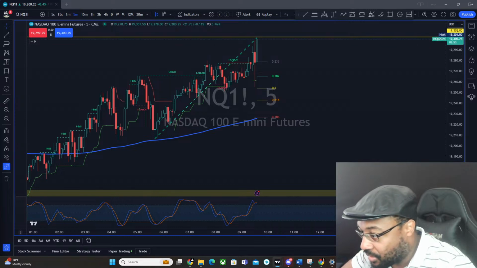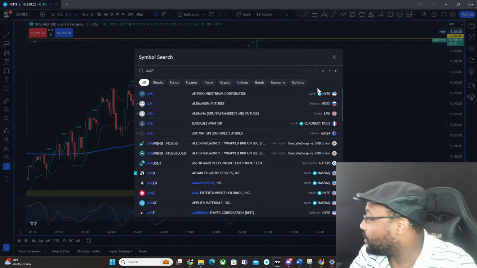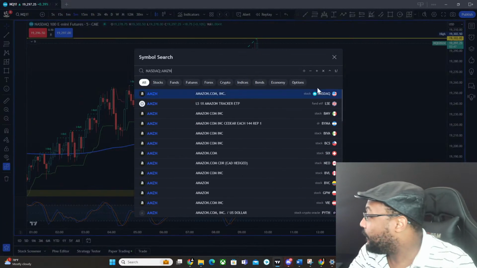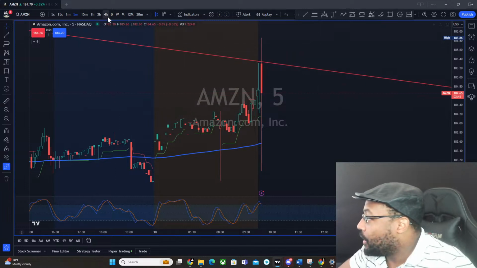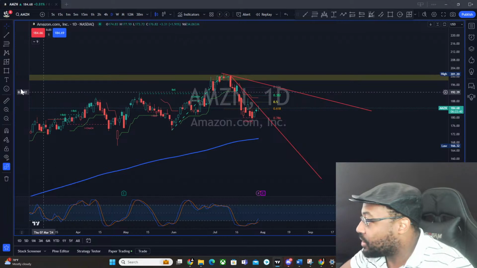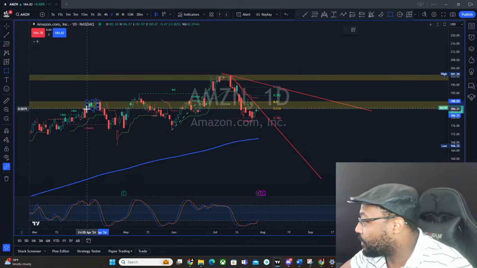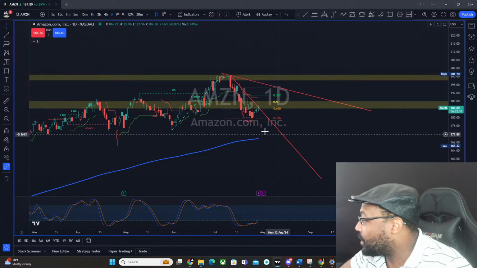Amazon is trying to get through its order block. Had a nice order block. Let me go over to Amazon right here, over to the daily. You got yourself a nice little order block right here, and it's trying to get through that. We had a downtrend line right here.